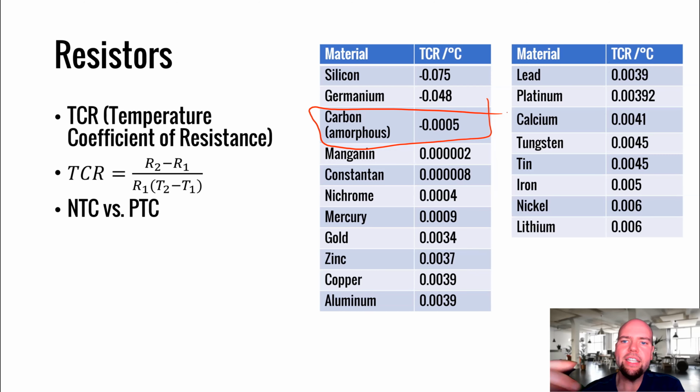Carbon is actually pretty good in the sense that amorphous carbon has a fairly small value of TCR, and it should be noted it's negative, which means a negative temperature coefficient, also called NTC. That means the resistance goes down as temperature goes up. Positive temperature coefficient means resistance goes up as temperature goes up.